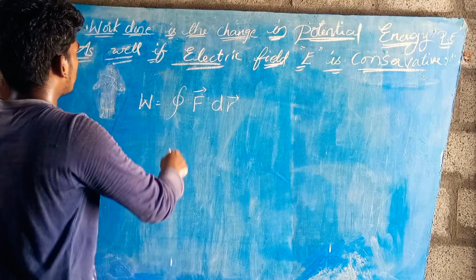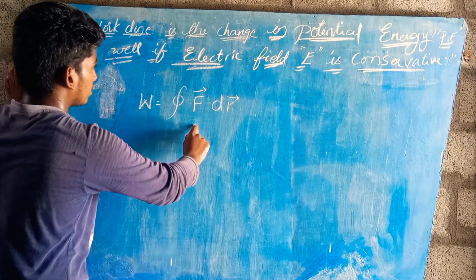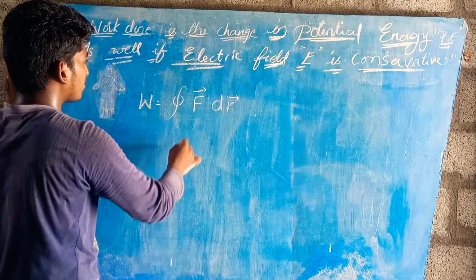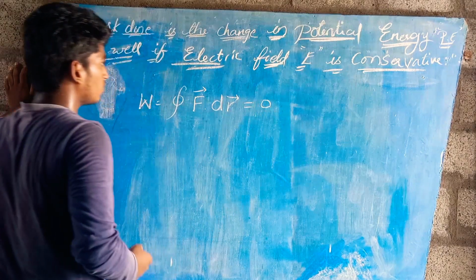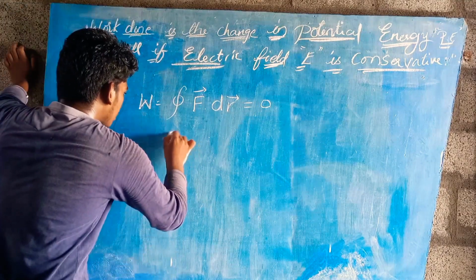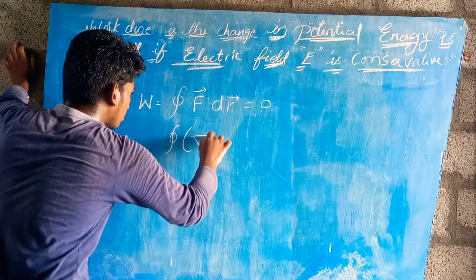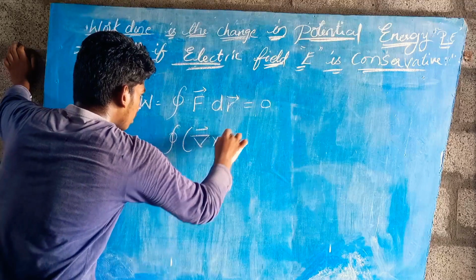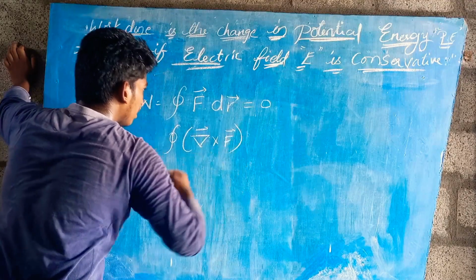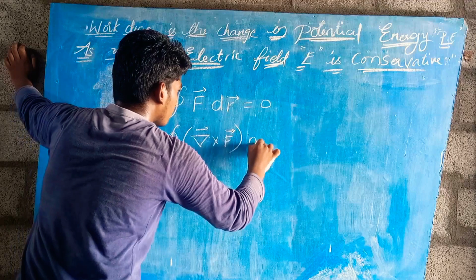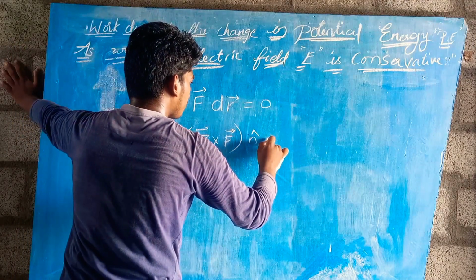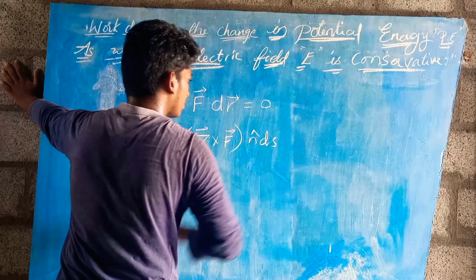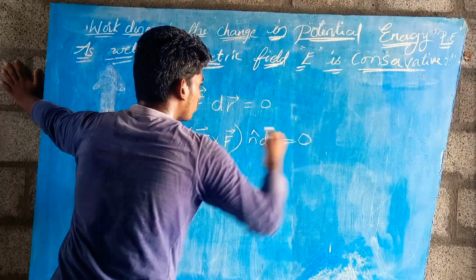So by definition, the closed integral of F dr is equal to 0, as well as the surface integral of del cross F dot n cap dS is also equal to 0.